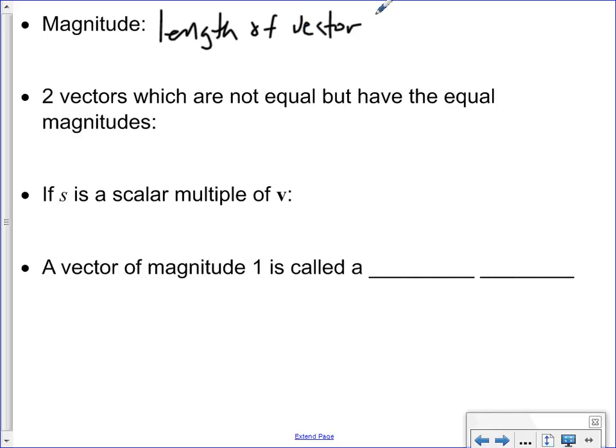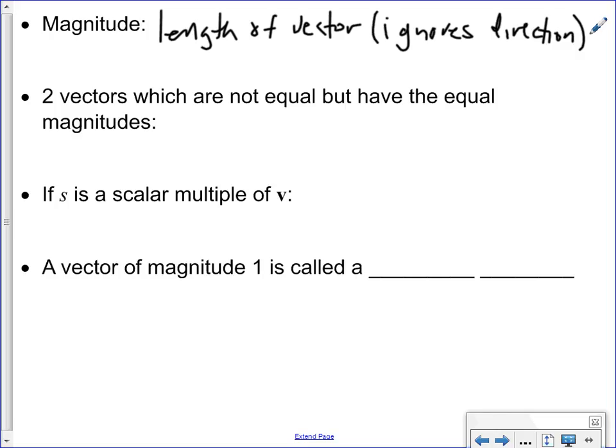And this ignores its direction. When we represent magnitude in vectors, it shares the same symbol as something else in math: absolute value.